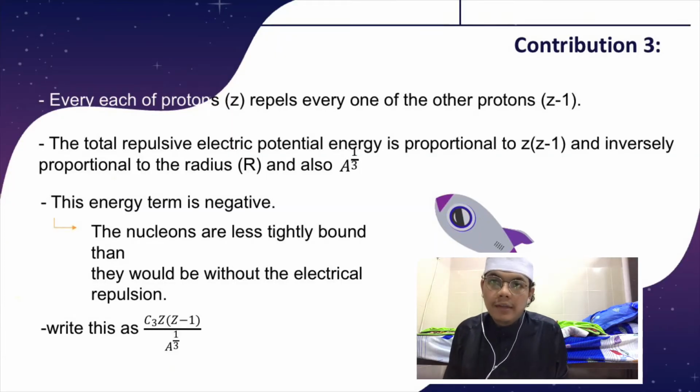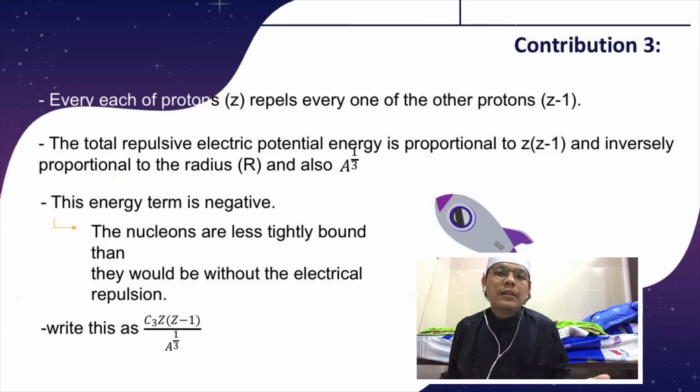So let's proceed to contribution number 3. Contribution number 3 is that each of the Z protons repels every one of the other protons, so we write it as Z minus 1. So the total repulsive electric potential energy is proportional to the formula Z(Z minus 1), and inversely proportional to the radius r, and thus to the mass number to the power of 1 over 3.